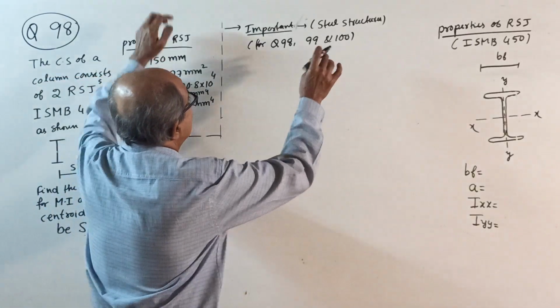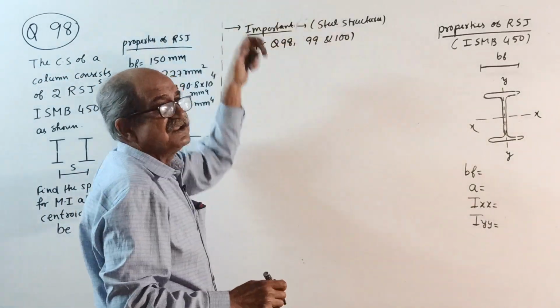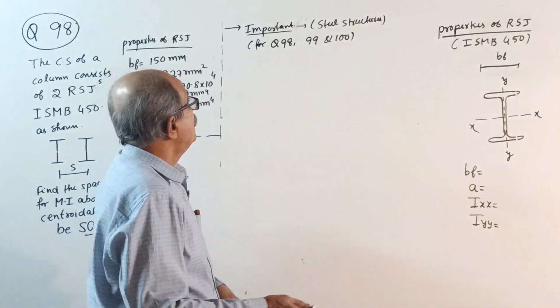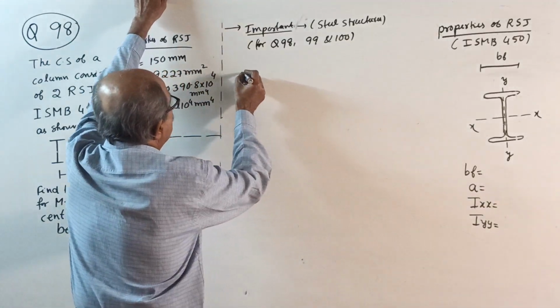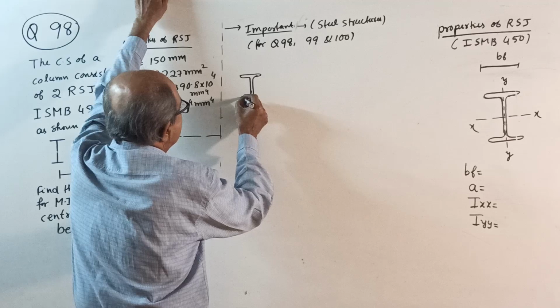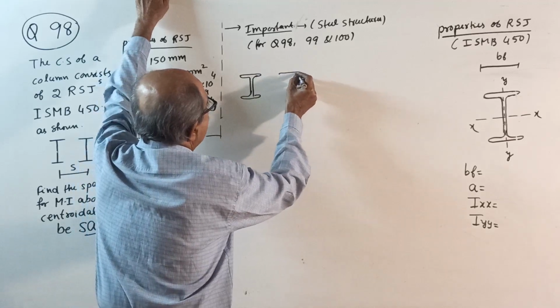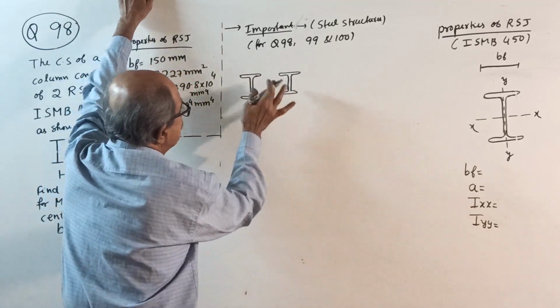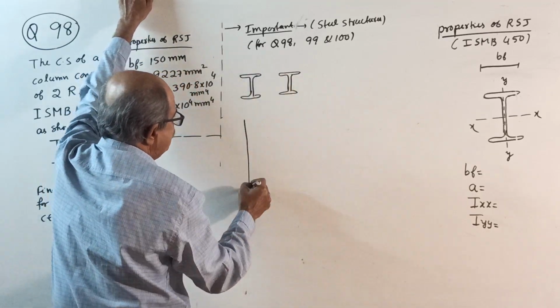See, important. In case of steel structures, when you go for a built up column, you get two RSJs placed side by side. One more here, one more here. And if you see the front view, this is a plan, cross section, you can see the column like this.